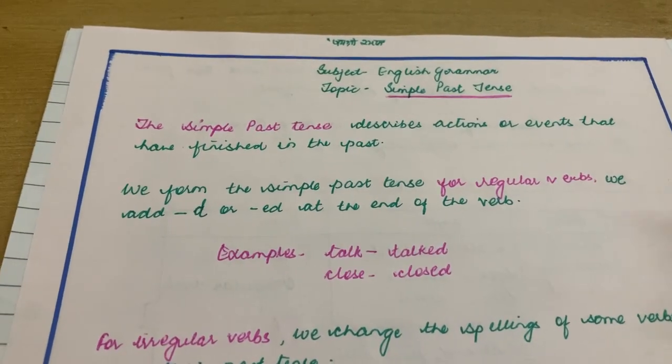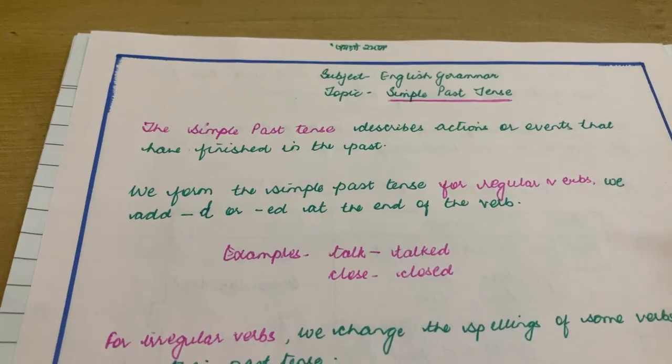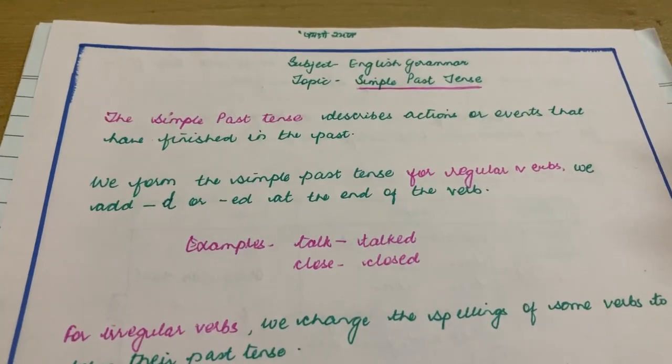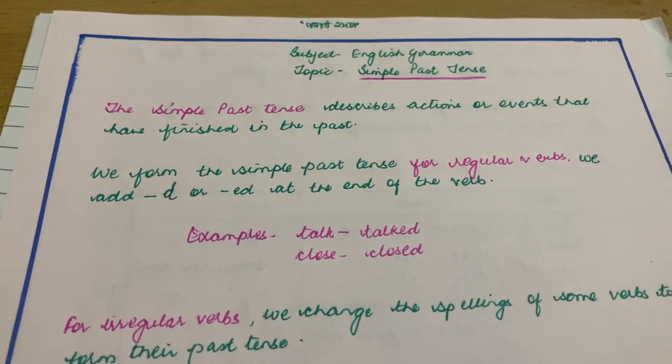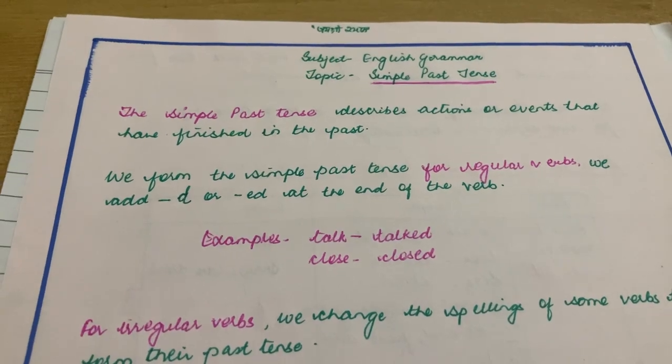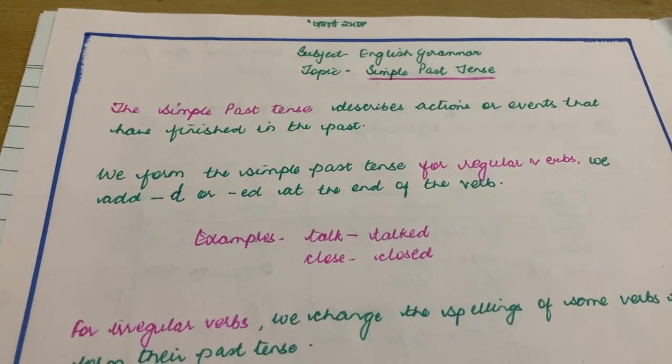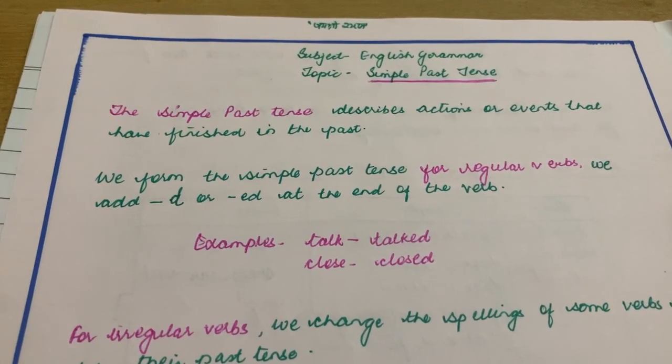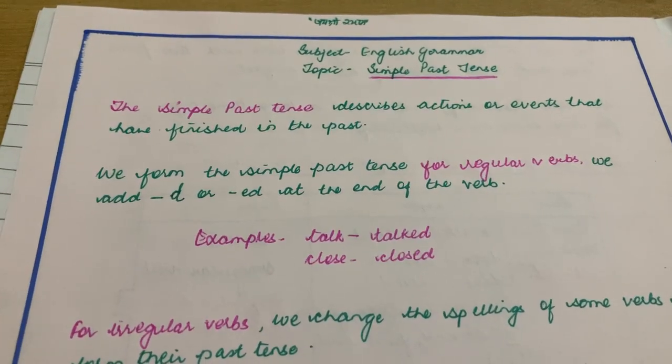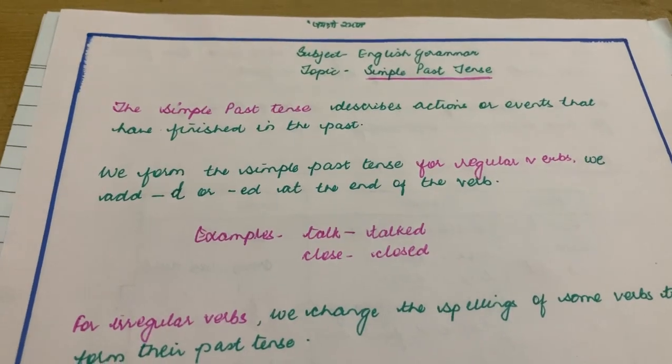Then how do we form simple past tense? In many words we form simple past tense by adding d or ed at the end of the verb. So what do we do? We add d or ed at the end of the verb.